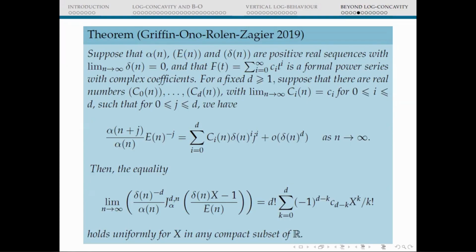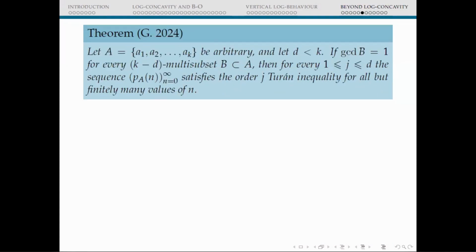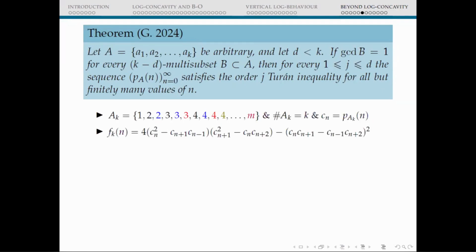So we can deduce that the Jensen polynomial associated to our A-partition function is in fact hyperbolic. But here we have only a sufficient condition, namely if every k minus d multi-subset B of A is coprime, then we have the order d Turan inequality.